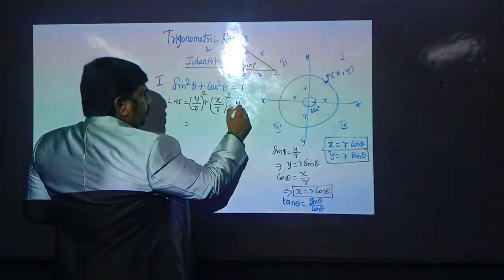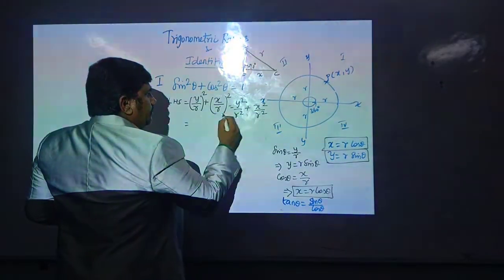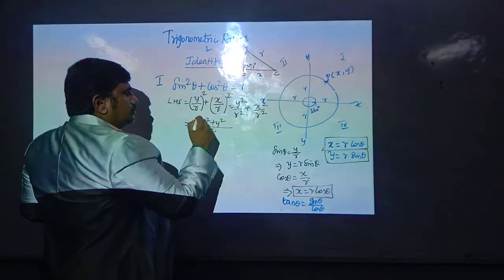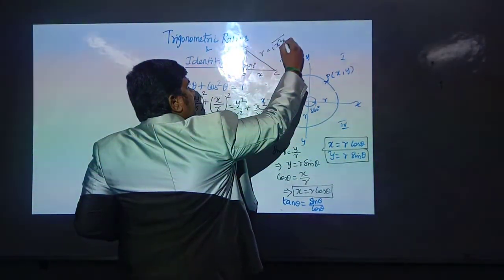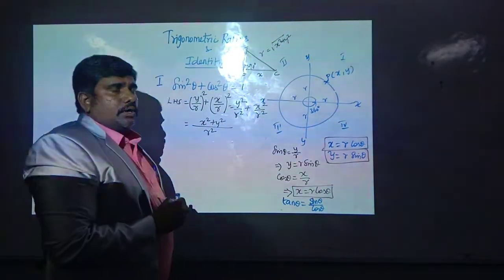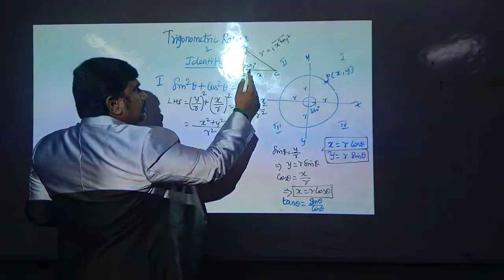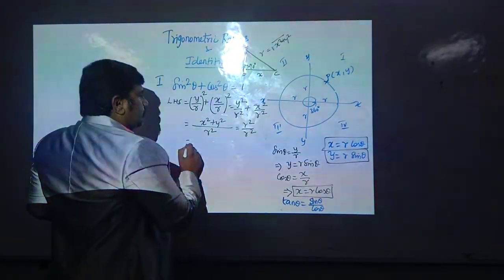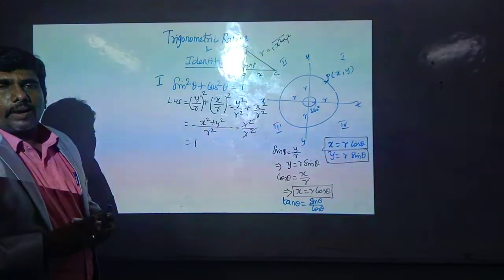So this is y square by r square plus x square by r square, which is x square plus y square over r square. Using the Pythagoras theorem, r is root of x square plus y square, so x square plus y square can be written as r square. These cancel and finally it arrives as 1.